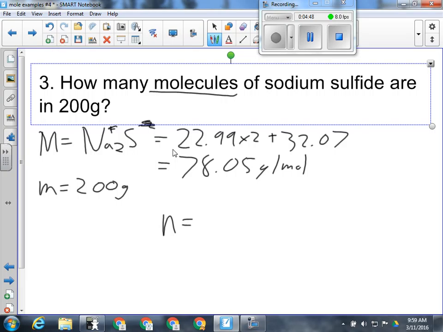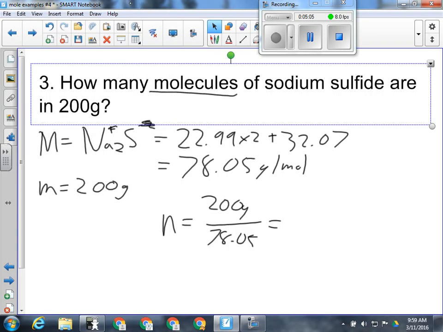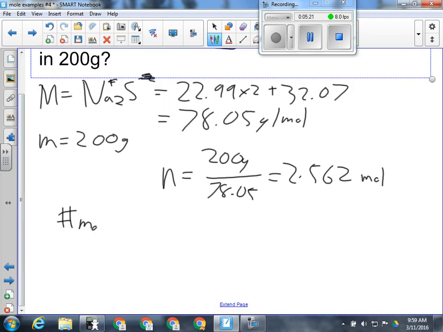So 200, the mass, divided by the molar mass, 78.05, gives 2.562 moles, with all the decimals, and we would of course keep all of those. We talked about that yesterday. I'm not going to write them all down here. So this is moles, and I'm going to multiply that by Avogadro's number to get the number of molecules.